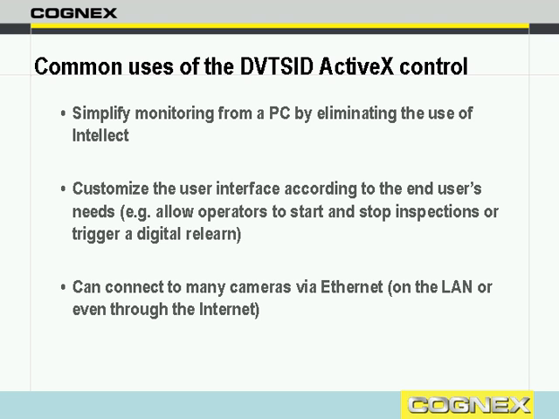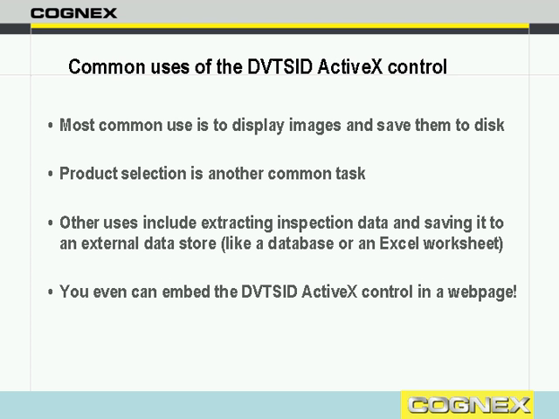You can connect to many cameras via Ethernet, of course, and you can have multiple instances of the control on your application. So you can actually visualize images from different cameras at the same time if your real estate, if your space on the screen allows you to do that. So again, probably the most common use is just to display images and save them to disk. Product selection is another one of those common tasks that the DVT SID control provides.